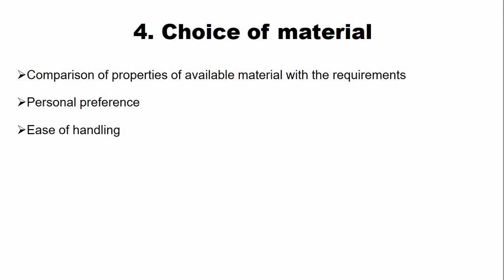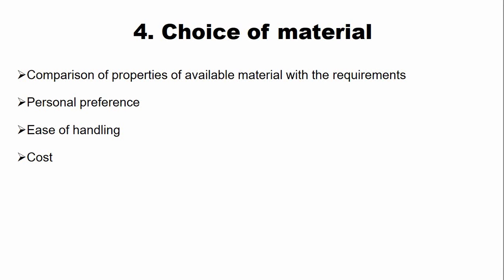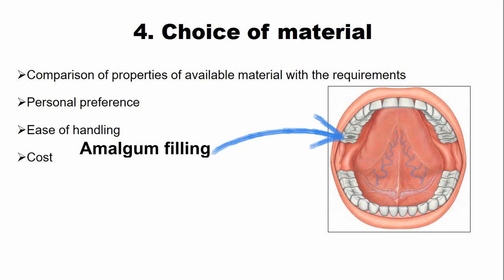Ease of handling comes under personal preferences as well. The cost is an important factor. In our case, for example, we are working in a non-governmental organization, NGO, or charity dental practice, so that's why we are choosing dental amalgam. That is an important factor as well.